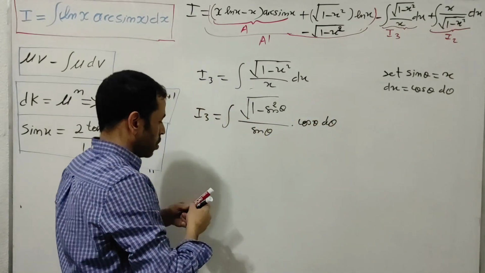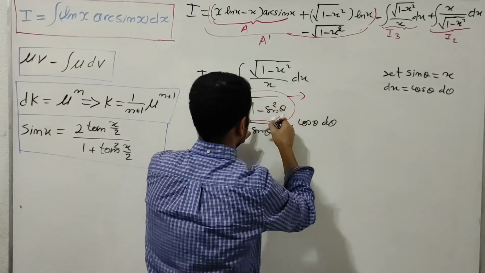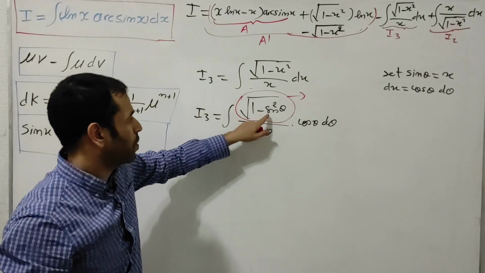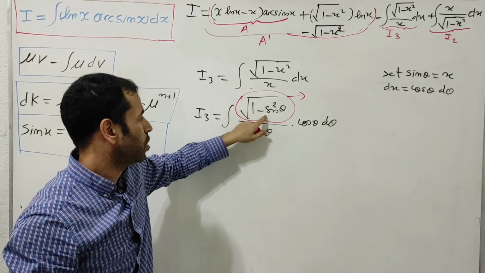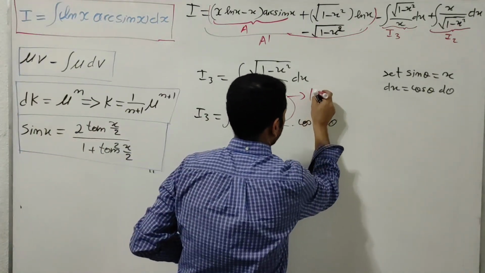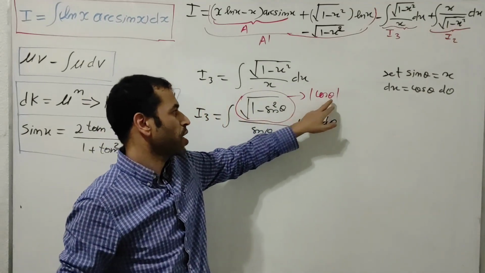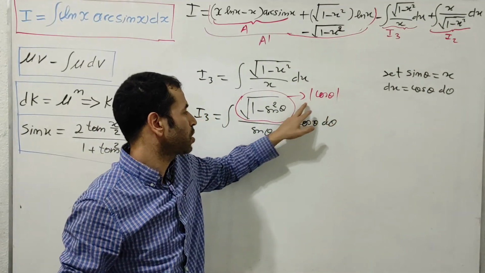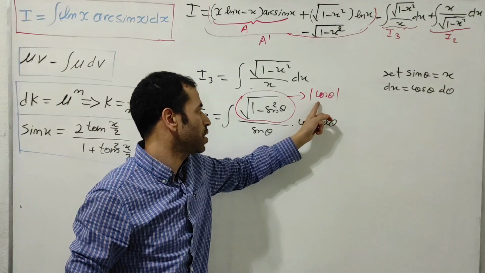Okay, so the inside of the square root will be replaced by cosine squared theta. By taking the square root out of here, we will be left with the absolute value of cosine theta. If cosine theta is positive, we are going to keep the positive number. If cosine theta is negative, we are going to take the negative sign.